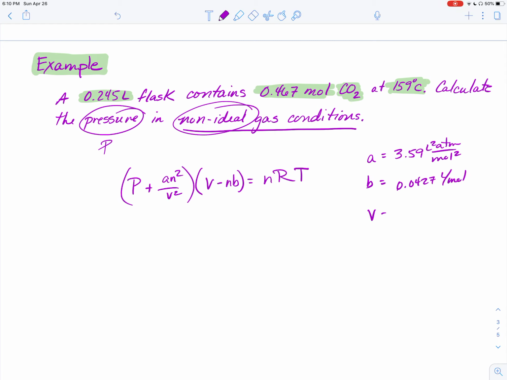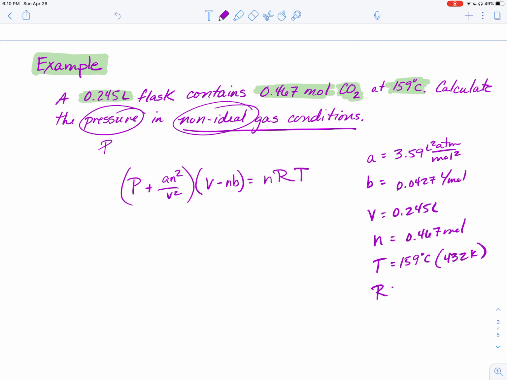Let's make sure that we have our V, that's 0.245 liters. We have our mole value, or n rather, let's use the appropriate variable, is 0.467 moles. Our temperature we do have 159 degrees C, but remember we have to put that in Kelvin. That ends up being 432 Kelvin.